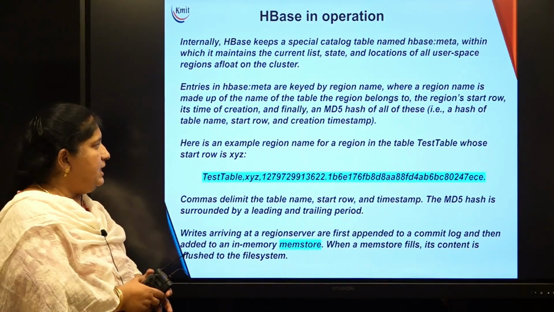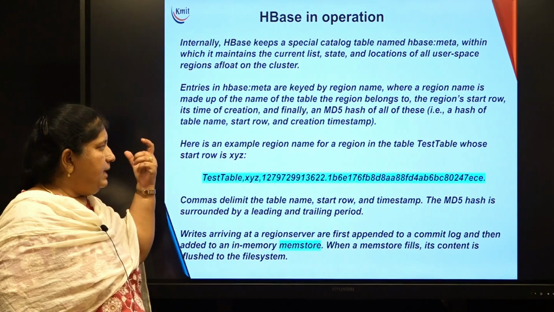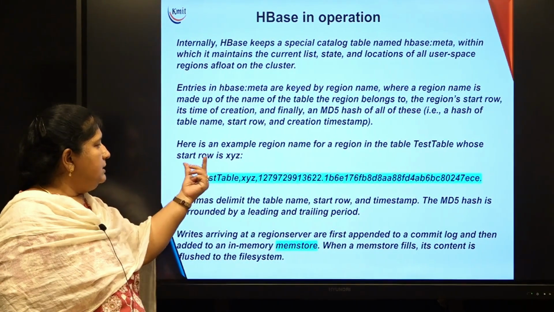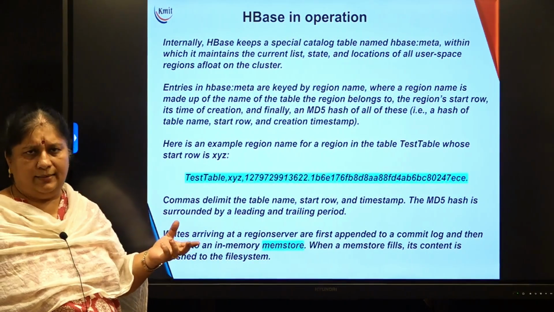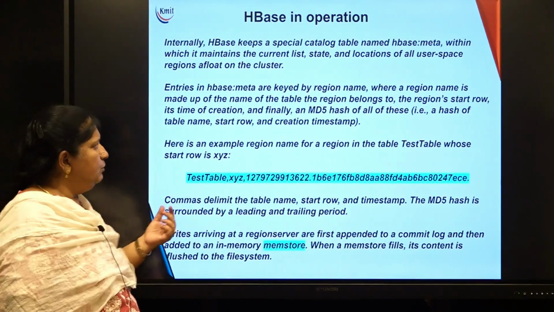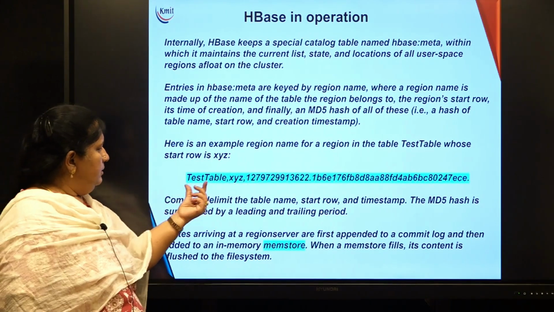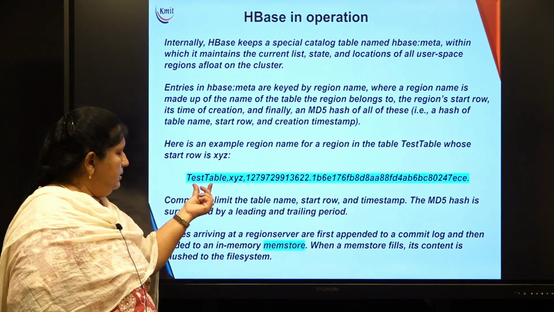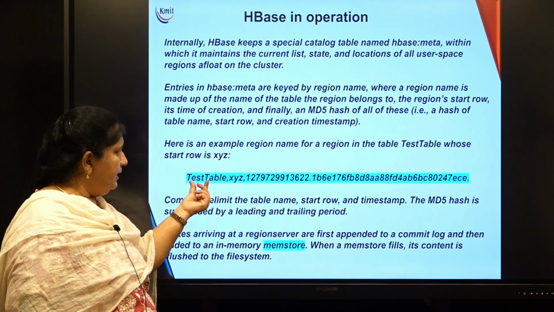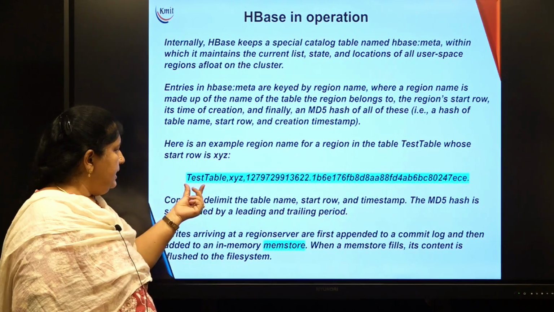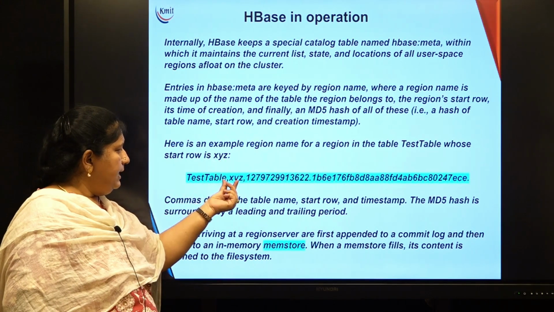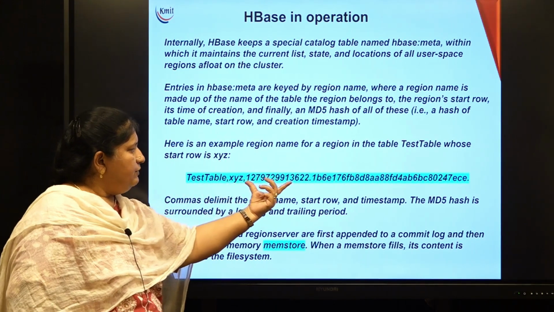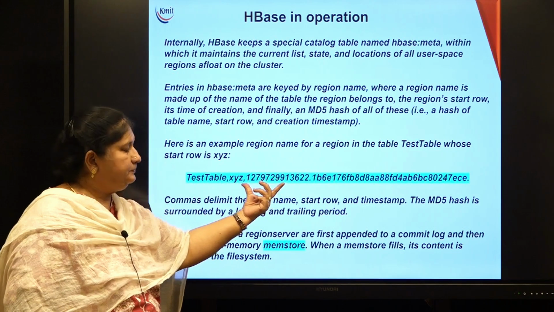I have just given an example where there is a table called test table, and the starting row, for example, I have given the identifier as XYZ. Let me show what we have: the table name, which in my example is test table, and the starting row, XYZ. The next one will be the timestamp.